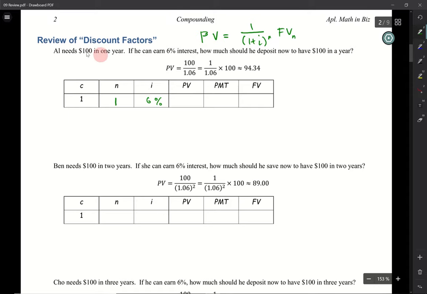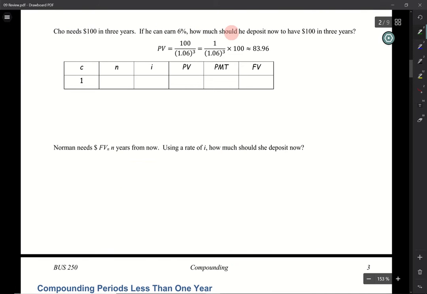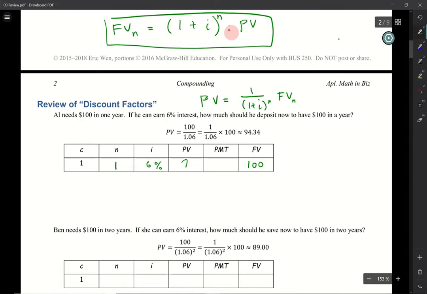So $100 in 1 year, what's that? That's the future value, right? So he needs to have 100. If he has this way to earn 6% interest, how much should he deposit now to have 100 in 1 year? And so the present value is what we're trying to calculate, and then there's no annuity, right?